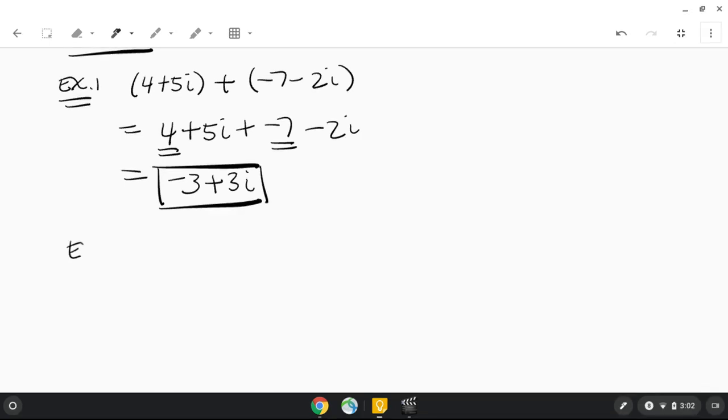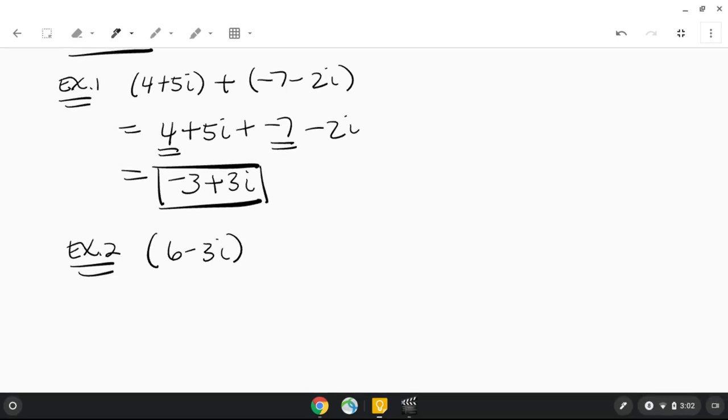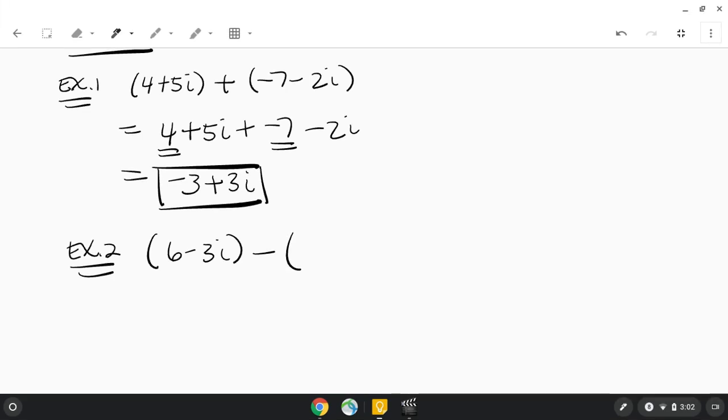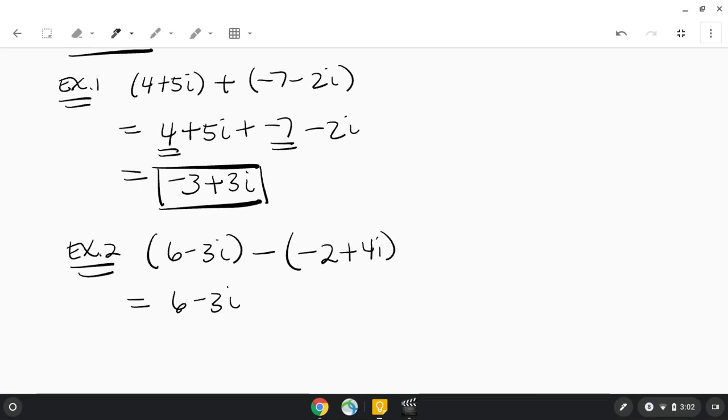Okay, and same thing with subtraction. Suppose that you have this complex number, 6 minus 3i, and you are going to subtract negative 2 plus 4i. Okay, again, I can remove my parentheses. When I do that, this subtraction will get distributed to the negative 2 plus 4i, so that will become a positive 2 and a negative 4i.